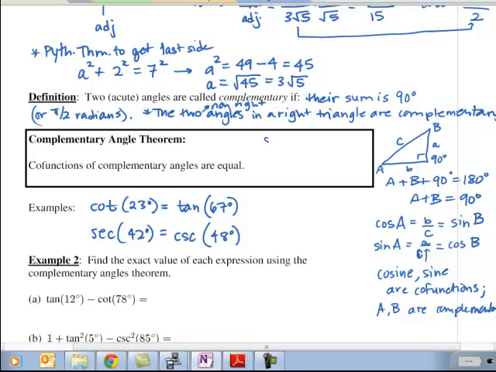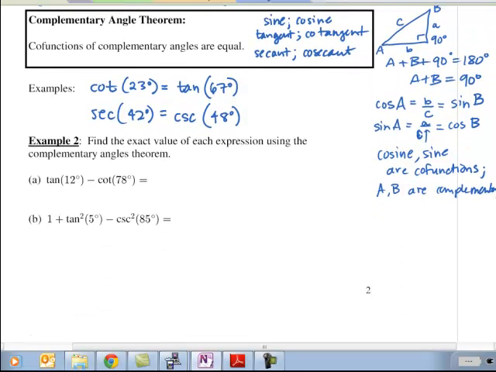So sine and cosine, and tangent and cotangent, and secant and cosecant. So those are the cofunction pairs. And if you put complementary angles into the different functions in that pair, you should get the same value. That's what this theorem says.